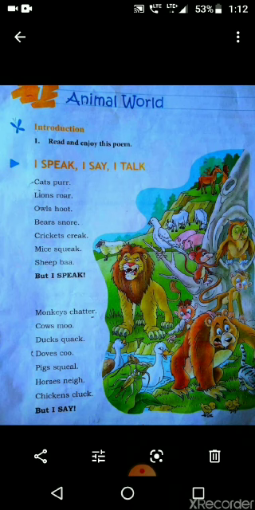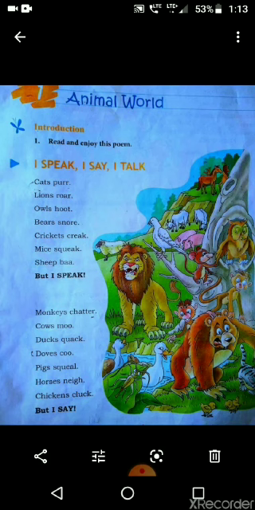So, we have heard them speak many a times, but do we know exactly what are the sounds that they produce? No. So today we will know what are the sounds that the animals produce.